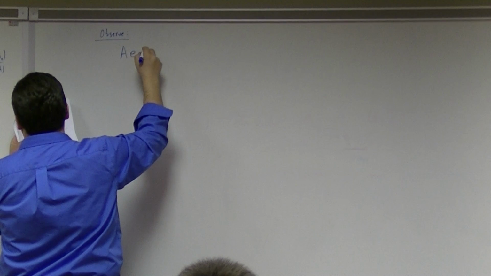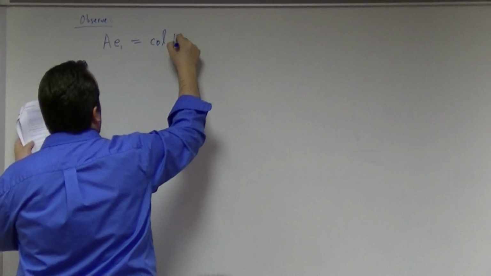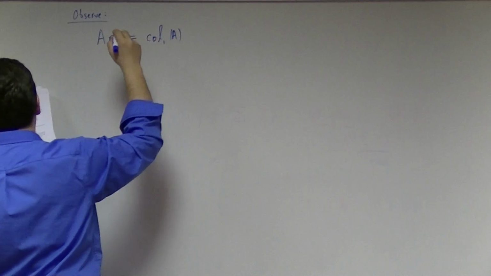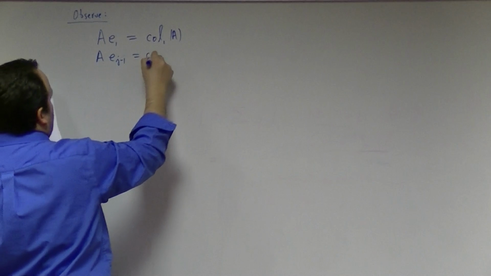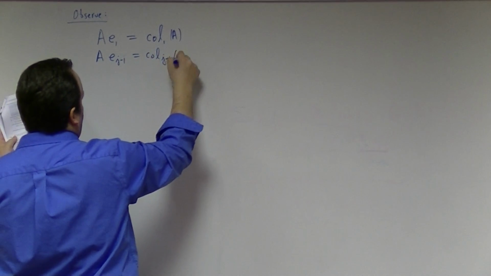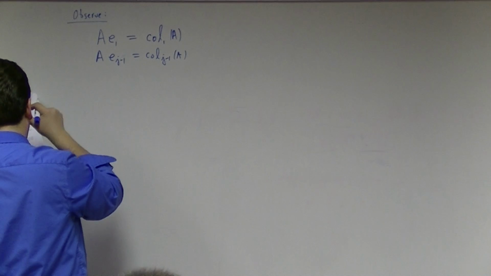A E1. What is A E1? Well, that's column 1 of A, right? In fact, all the way on to A E(j minus 1) is column j minus 1 of A, and so forth.